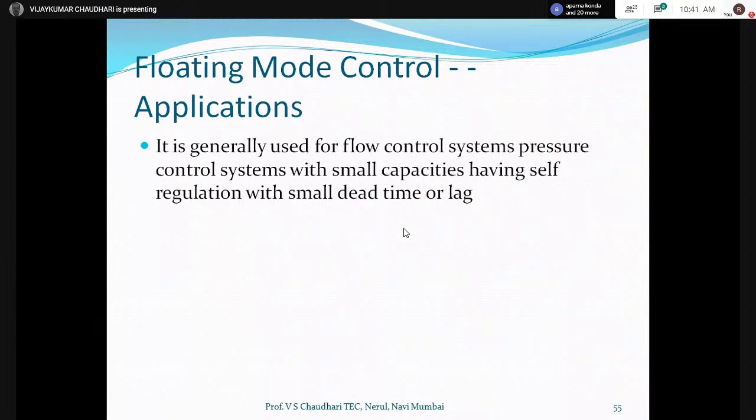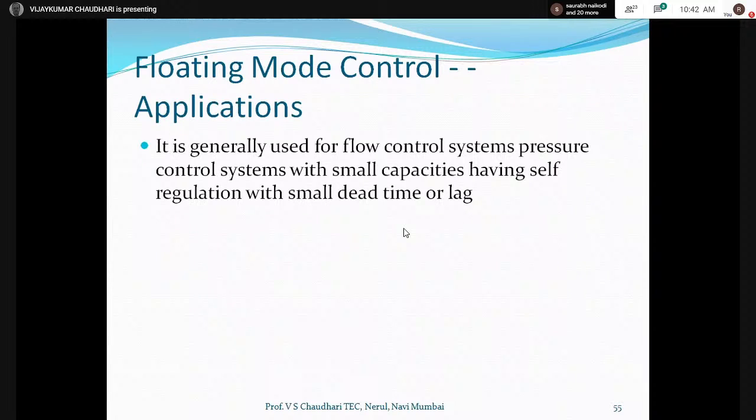Okay, where this was the temperature control. Suppose the inlet flow increases, and that decreases the temperature. The system adopts the new, decreased temperature, and without any control action, it stays like that. So this is self-regulating. Whereas in a liquid level, tank level control system, inlet flow and outlet flow equal, the level will be the same.